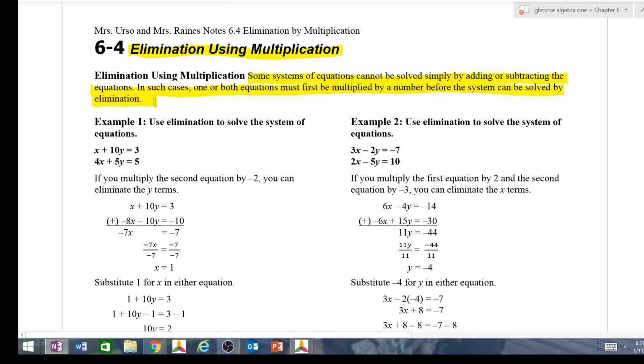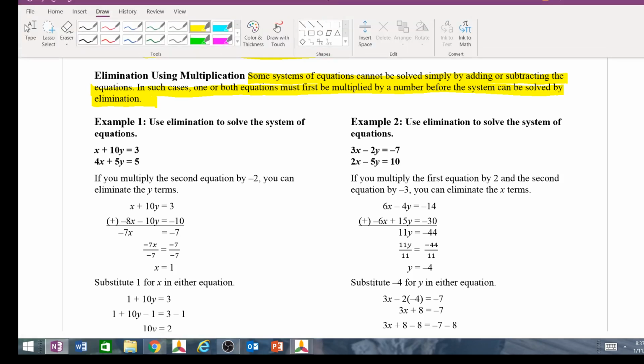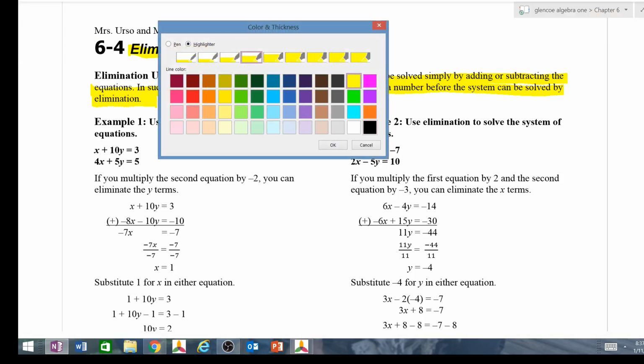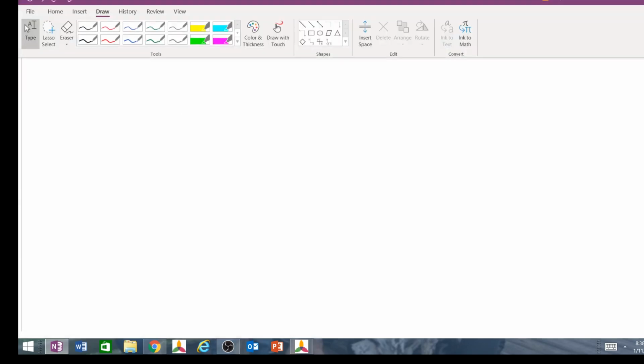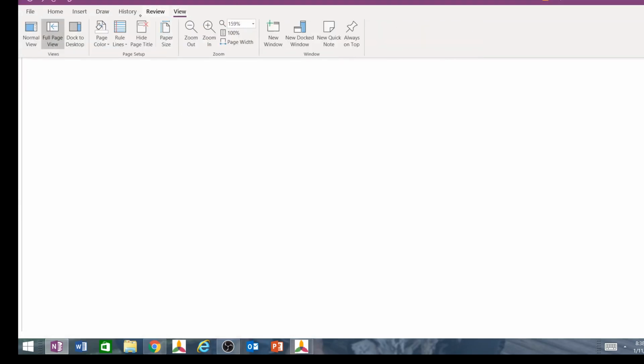So let's take it nice and easy, and let's go through a couple of examples here together so that you can see what it is that's happening. Solving systems of equations by multiplication.